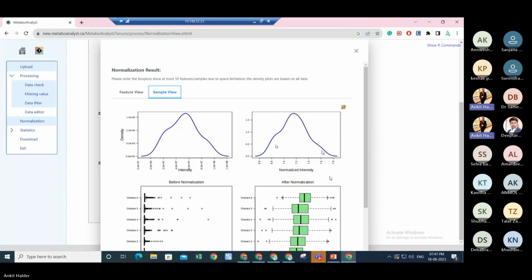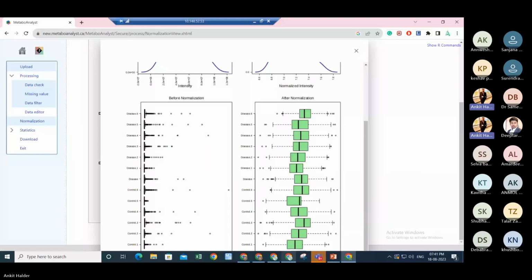Sometimes in real data sets that doesn't happen. But if we look here, you can see quite contrasting or marked differences, and when we try to normalize it, the distribution shape becomes very much distorted.